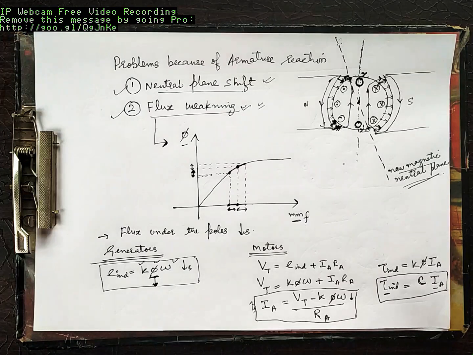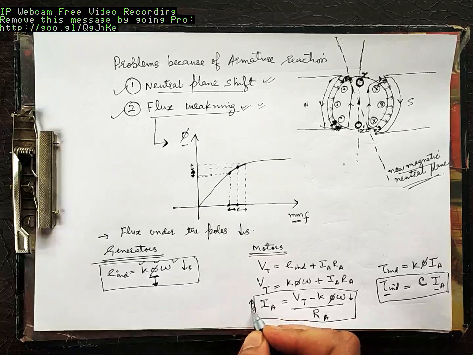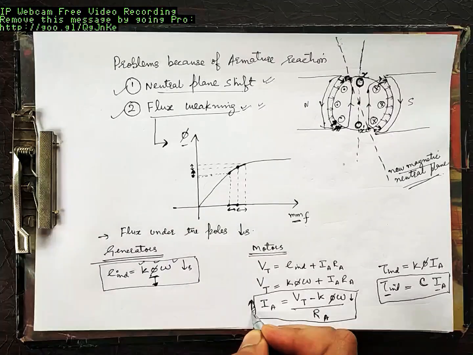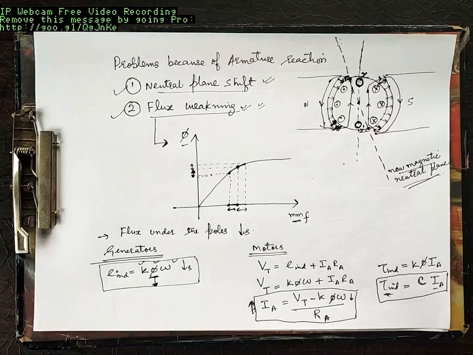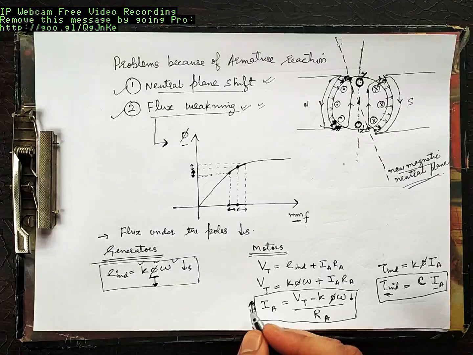When the machine runs faster, it will draw more current. When current Ia again increases, torque again increases. When torque increases, speed increases. When speed increases, current increases.